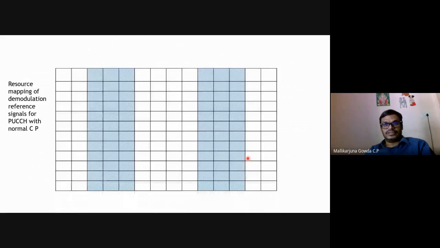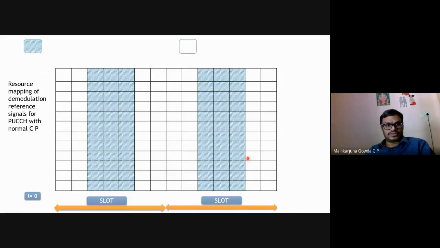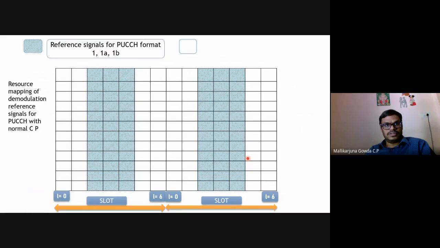Okay. So as I said, for format 1, 1A, 1B, it is using 2, 3, 4. These are the reference signals for PUCCH format 1, 1A, 1B, right? And this one symbol is the hybrid ARQ acknowledgement, and this is the scheduling request symbols.